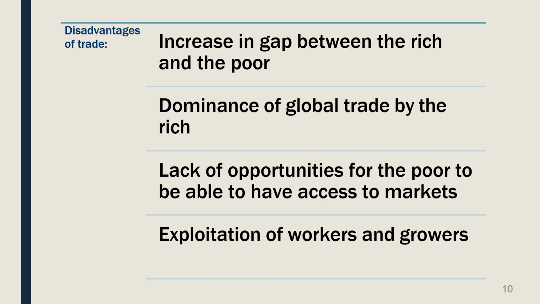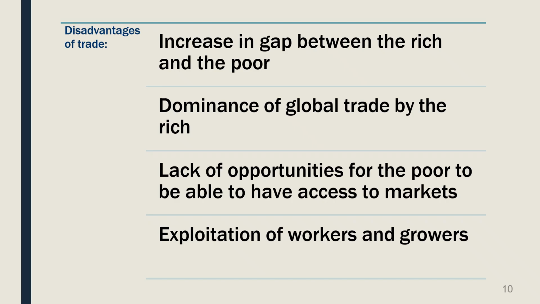Despite its many advantages, international trade also has significant disadvantages that can lead to social and economic inequalities. One major concern is the widening gap between the rich and the poor, as profits from global trade are often concentrated among developed nations and large multinational corporations.